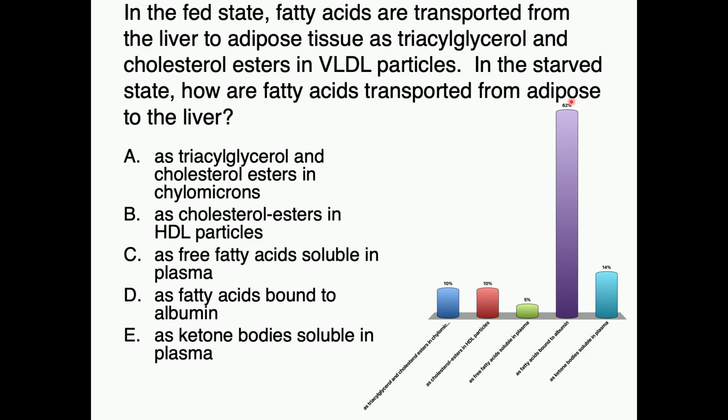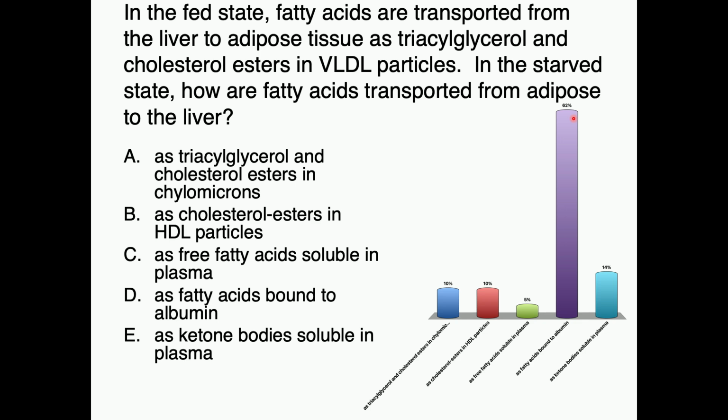So free fatty acids are bound to albumin. Shorthand to remember it: fat is going to adipose tissue in a lipoprotein particle, like a chylomicron or a VLDL particle, and fat comes from adipose tissue as free fatty acids, right?